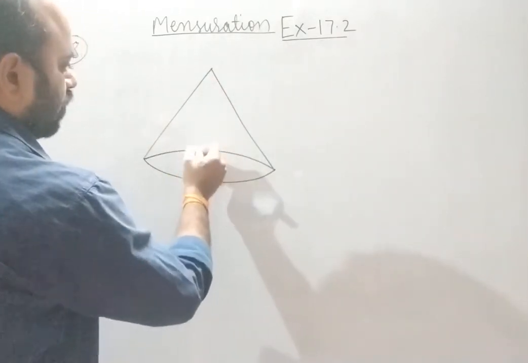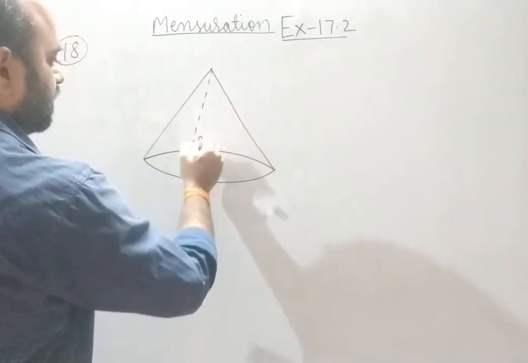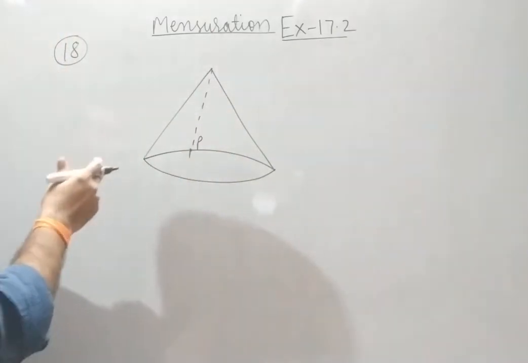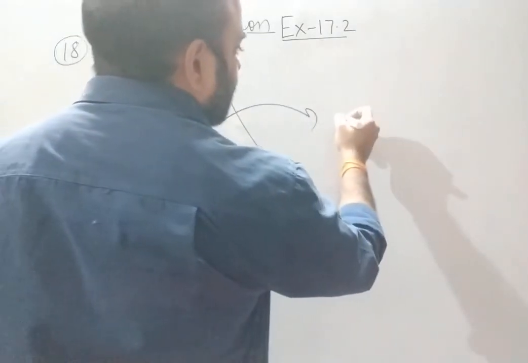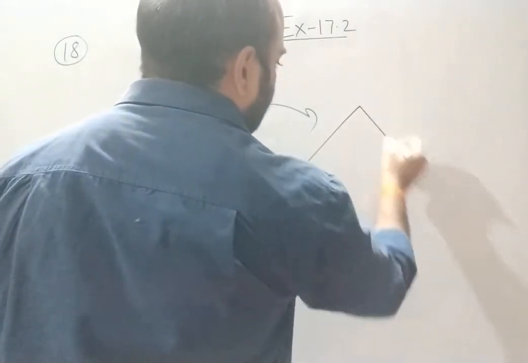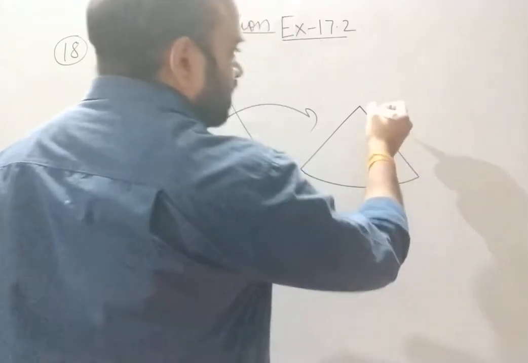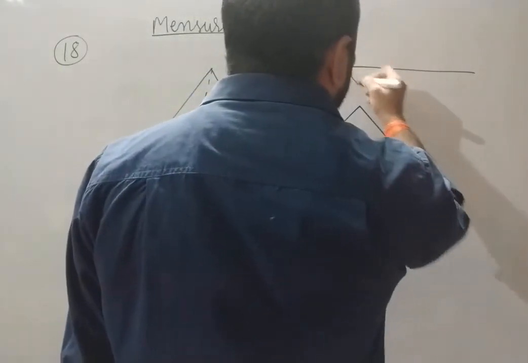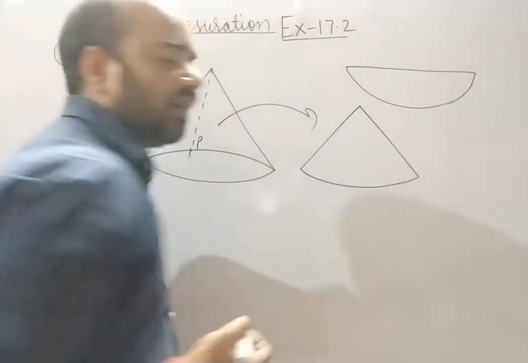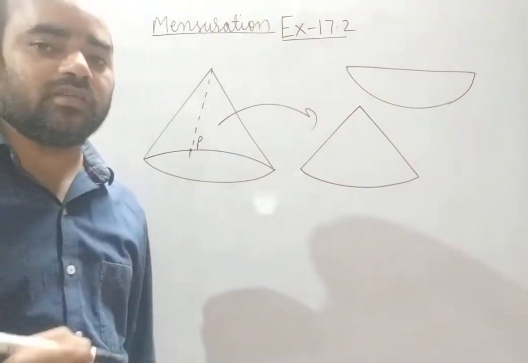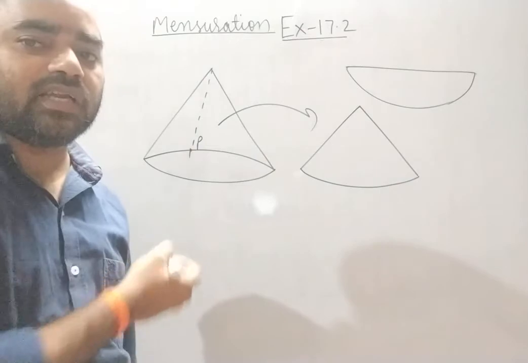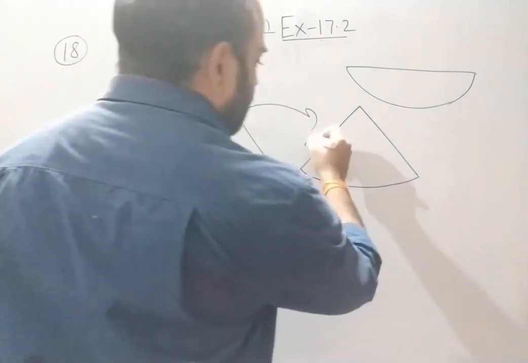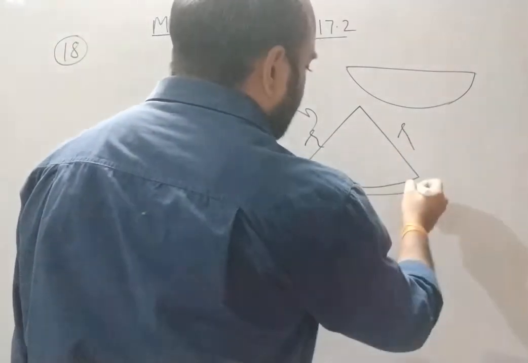Take a point P. So this will be its slant height. Maybe it is a semicircle. Why? A semicircle is also a sector. Sector means the region bounded by two radii and its corresponding arc.